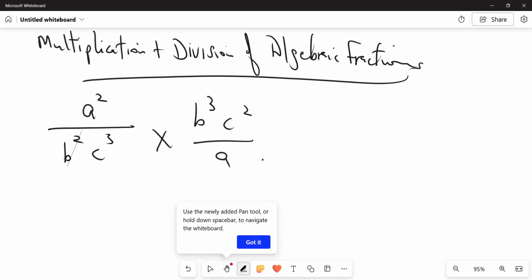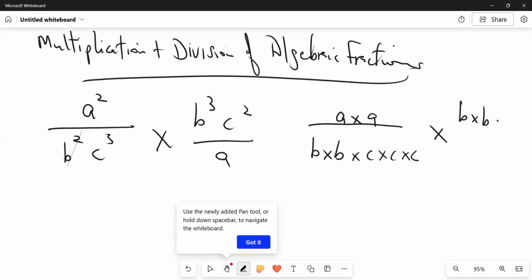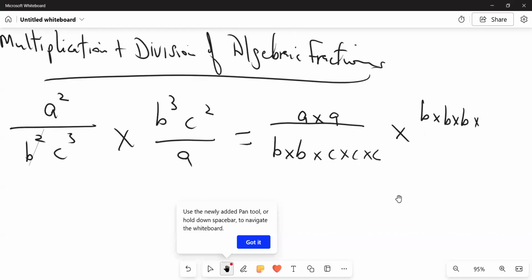This is equivalent to A multiplied by A over B multiplied by B multiplied by C multiplied by C multiplied by C, multiplied by B cube, which is B by B by B, and C square, which is C multiplied by C, all over A.